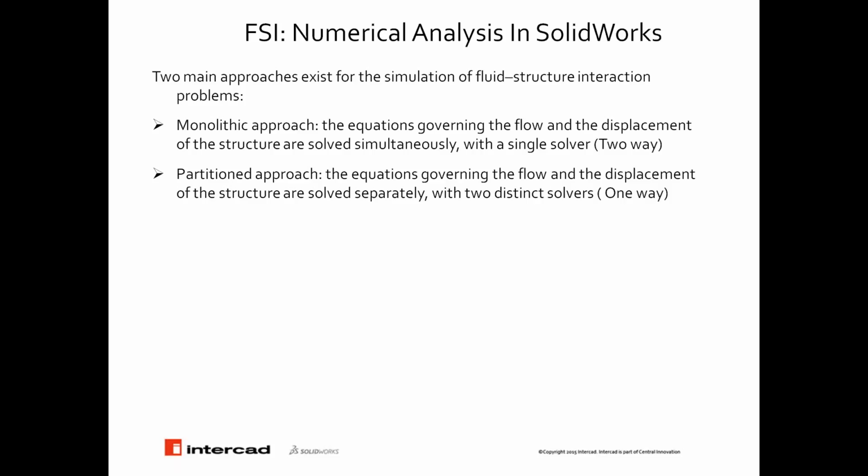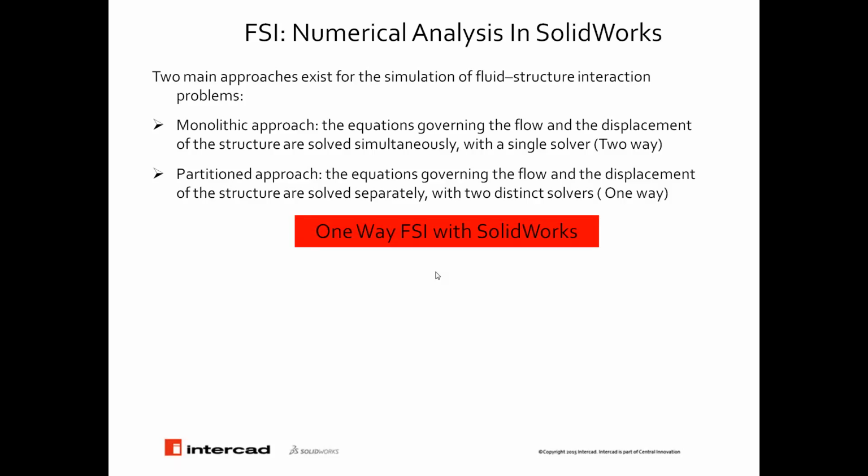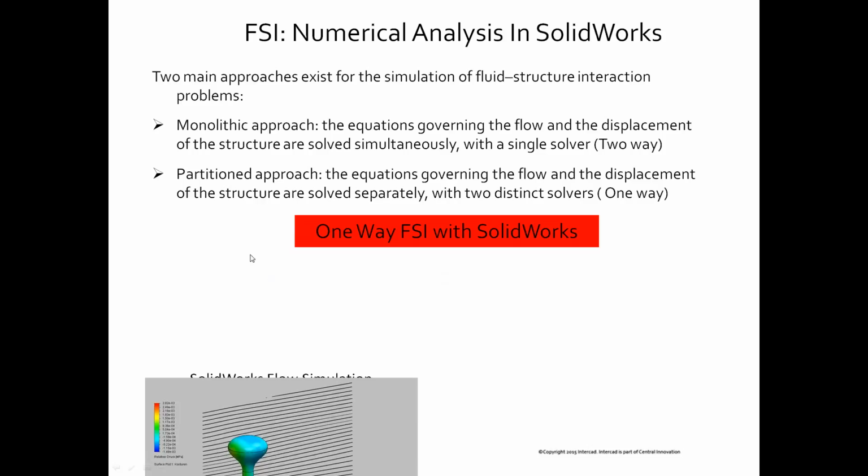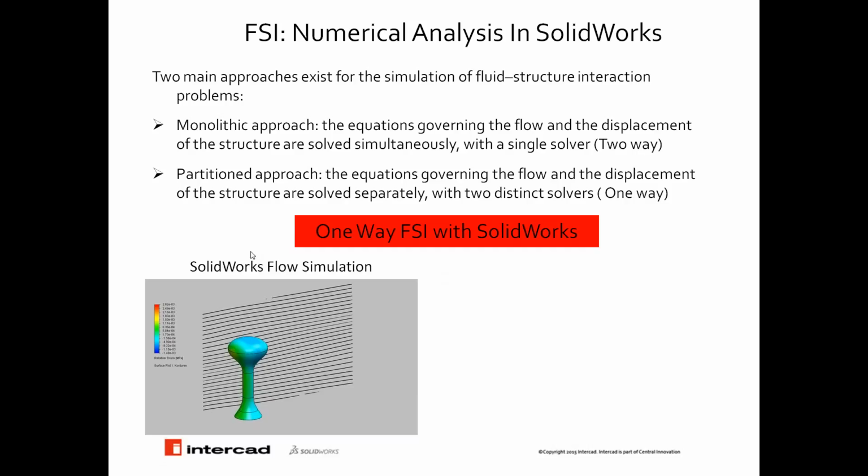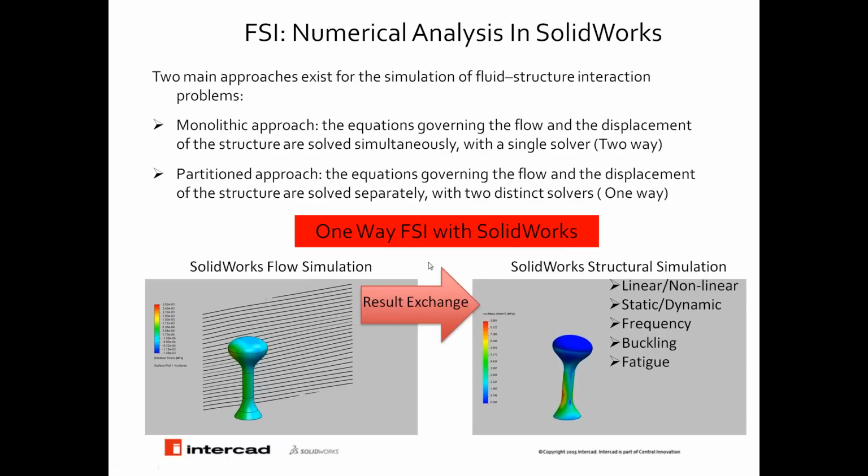In SolidWorks, we can only do one-way FSI. Basically, first we perform a flow simulation to get the flow distribution. Then we exchange the result to any FEA study, such as linear or nonlinear, static or dynamic, frequency, buckling, or fatigue study, due to that loading of the fluid. And then we will review the result.